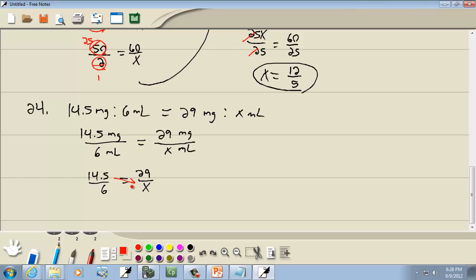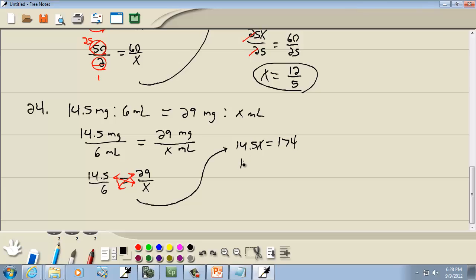Proportions, so I'll cross multiply. So I got 14.5 times X. That gives us 14.5X. 6 times 29. Where's my calculator? I don't want to think this hard. 29 times 6, I get 174.